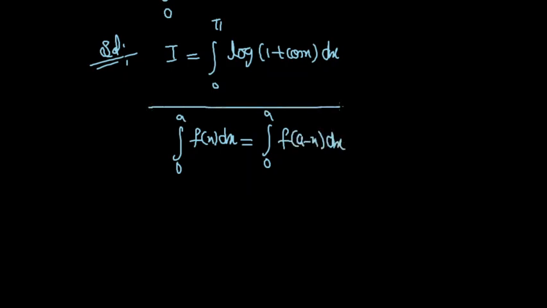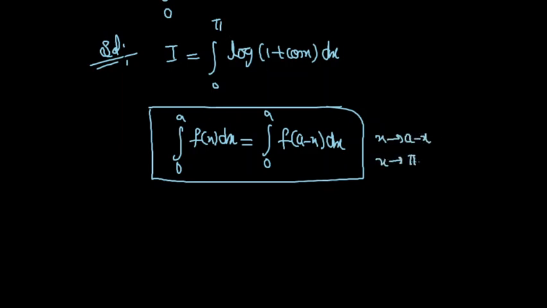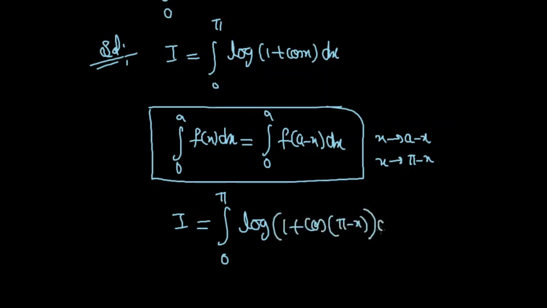Here x is changing to a minus x, and in the place of a we have pi, so x is changing to pi minus x. Now I is equal to 0 to pi log of 1 plus cos of pi minus x whole dx.